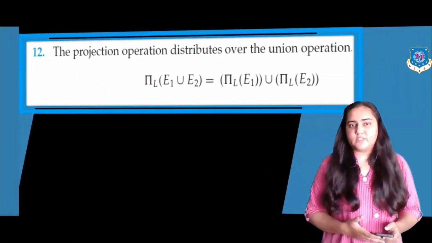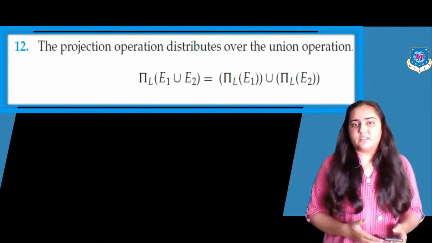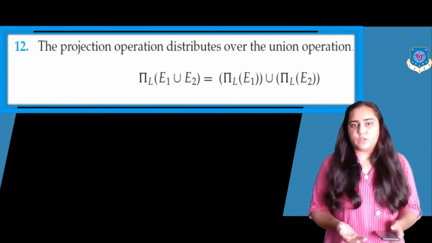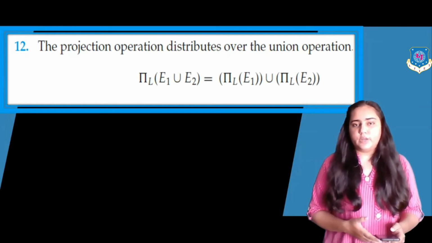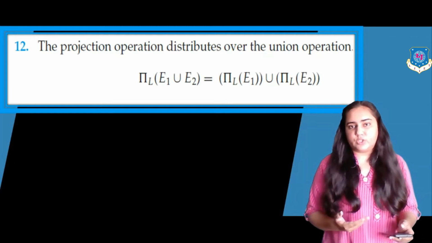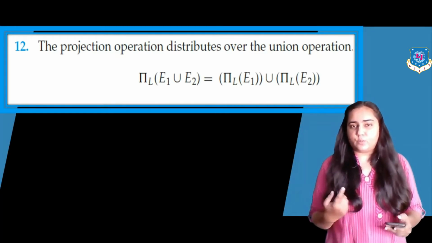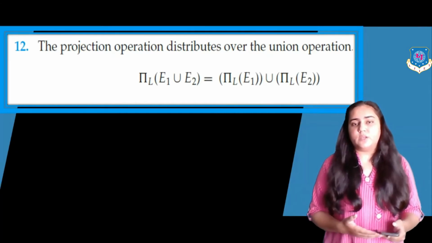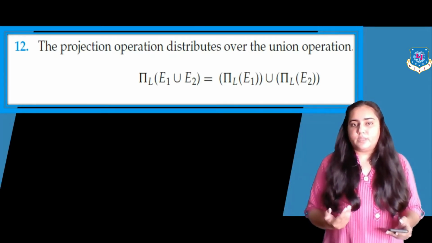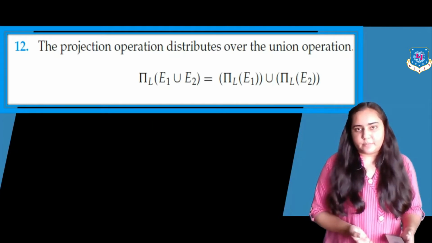Now let's see the next one. Next one is number 12. This says that the projection operation can also distribute over the union operation. You can see here there is pi L, where L is a list of attributes, not one attribute, but a list of columns. I've done E1 union E2, and from there I'm getting some list of columns afterwards, which I want to display.